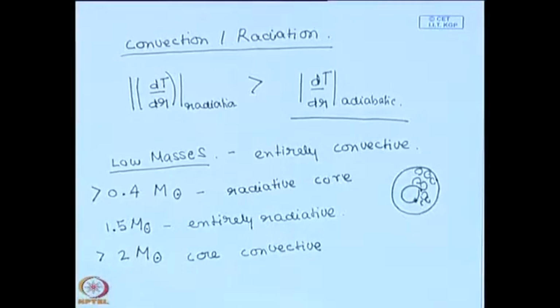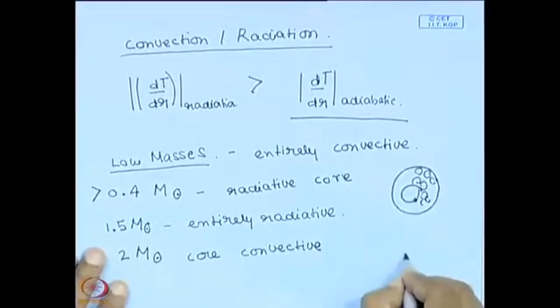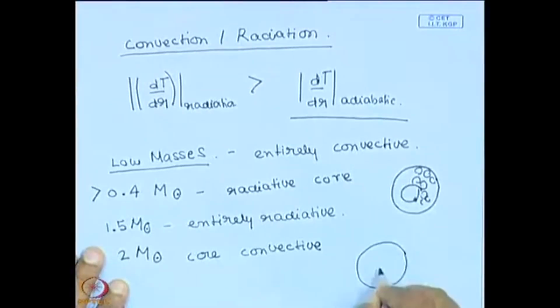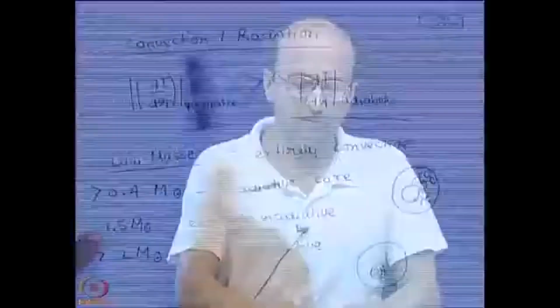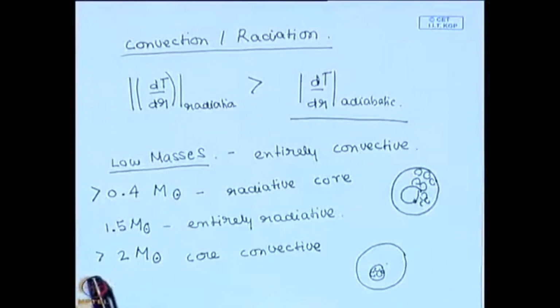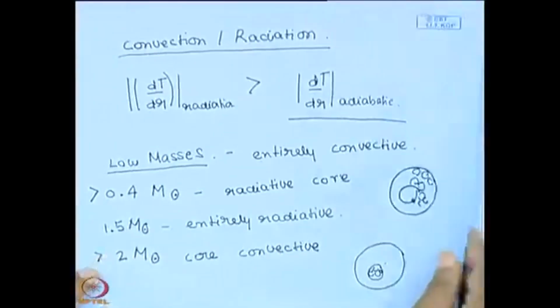Once you cross 2 solar masses, the core becomes convective, and for masses more than this, the core is convective. So, you have convection here, and the energy is transported radiatively outside for masses more than this. So, for masses more than this, the region where the nuclear fusion is going on, you also have convection taking place in the same place where the energy is generated. Okay. So, this gives you a picture of the solution, and whether energy is transported convectively or radiatively.